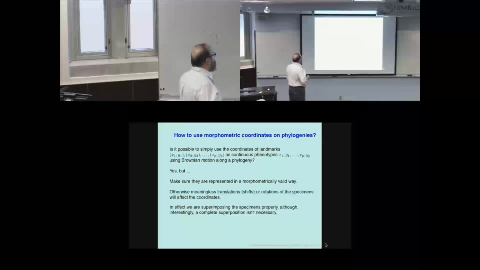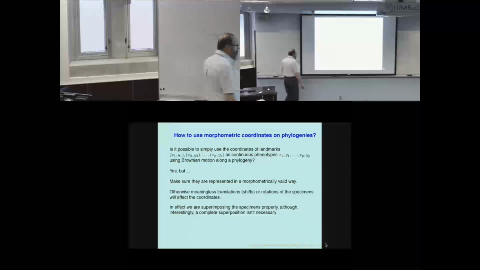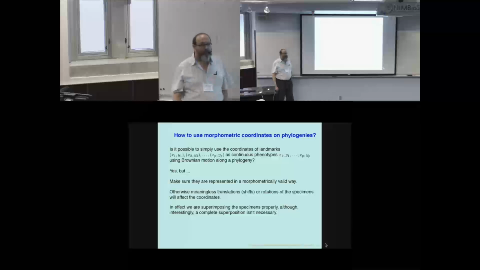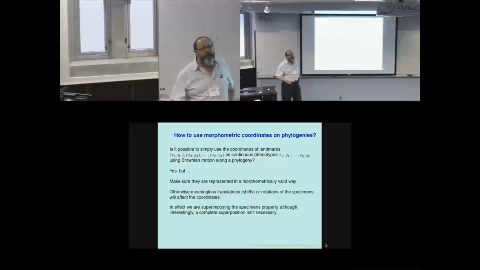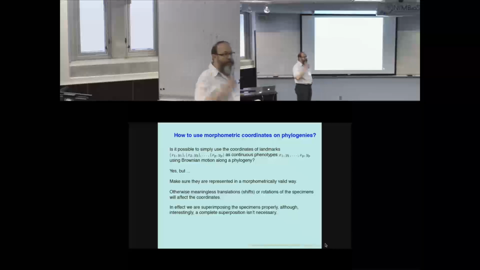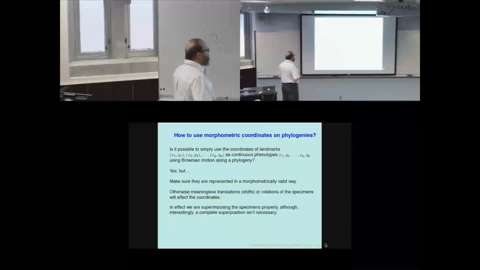Okay. Well, you might say, okay, let's just use those. Why don't we, for a first cut, take those as numerical scales and say they're quantitative characters. Let's go do Brownian or OU or something on a phylogeny and analyze them in the usual way. You know, just treat them as numbers. We don't have to think any more about the morphometrics.